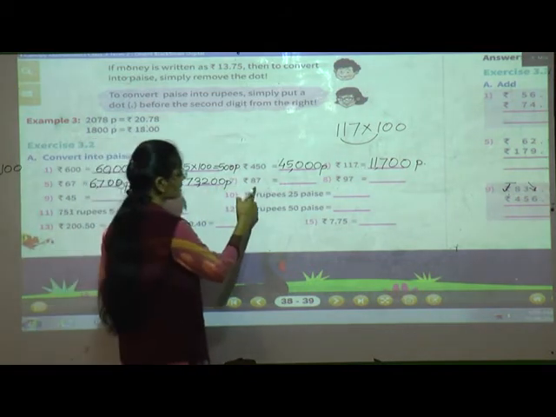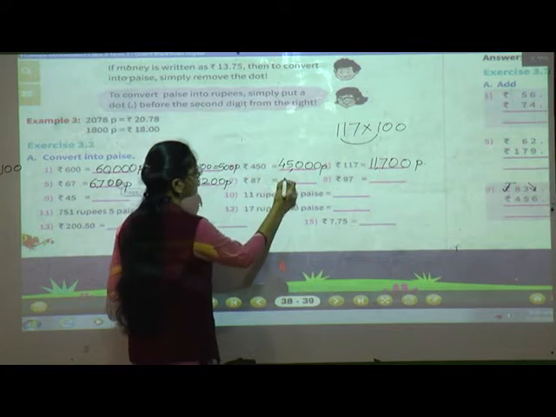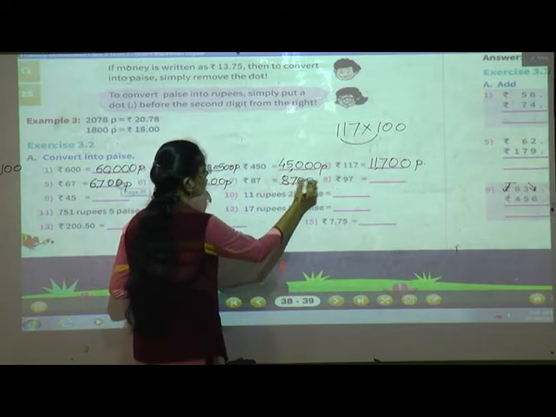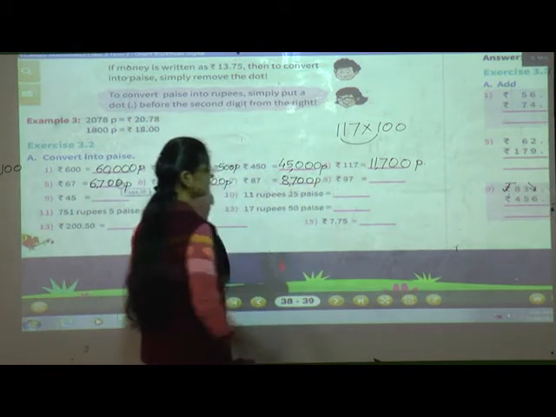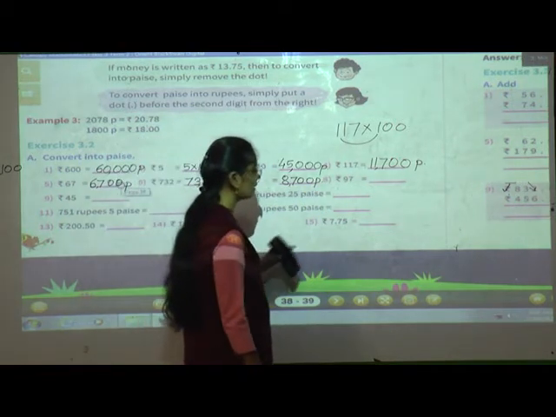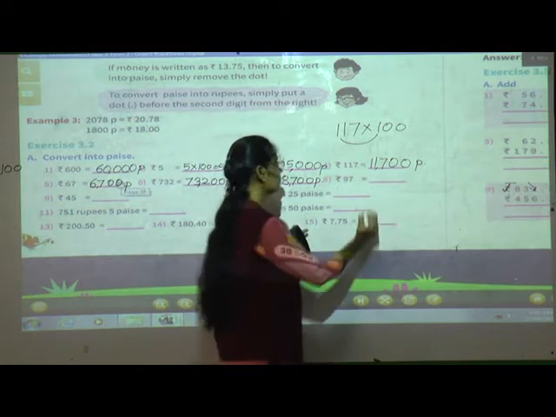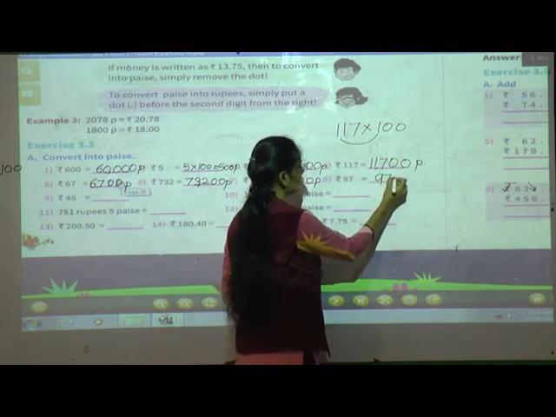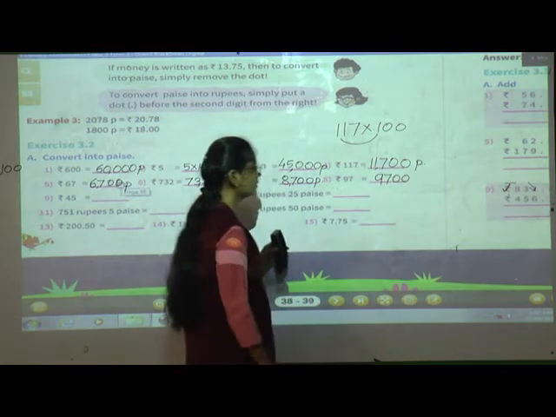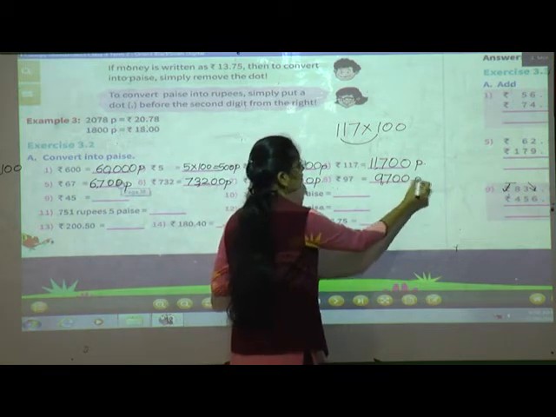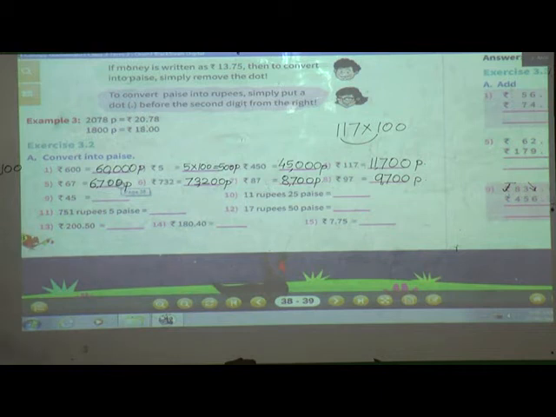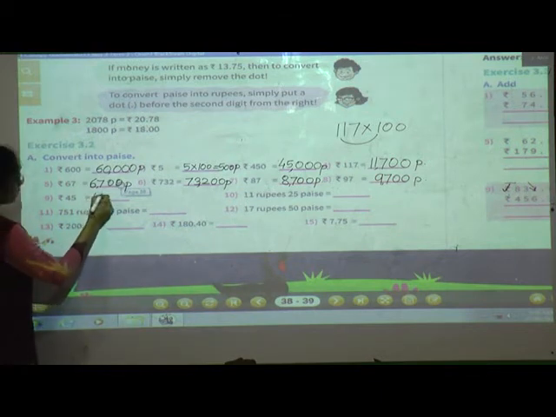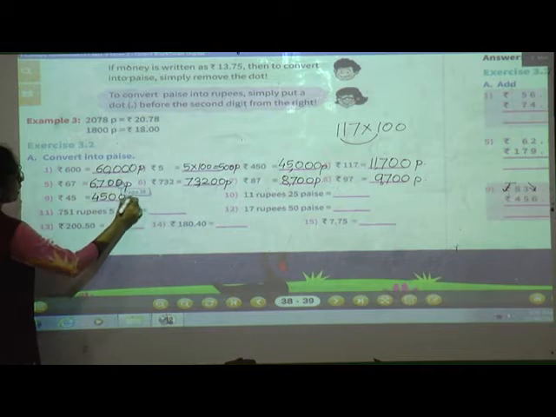Then rupees 87. 87 into 100. Yes, 87 into 100. 8,700 paise. Next, rupees 97 multiplied by 100. 97 into 100. 9,700 paise. Next, rupees 45. 45 into 100, 4500 paise.